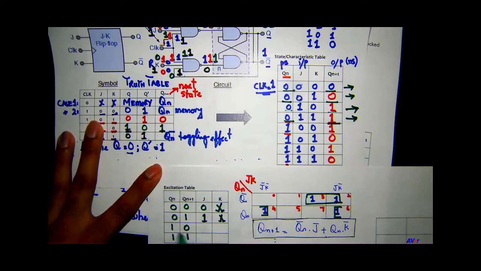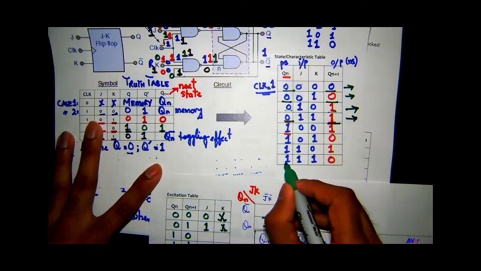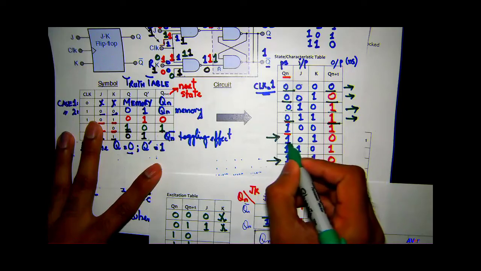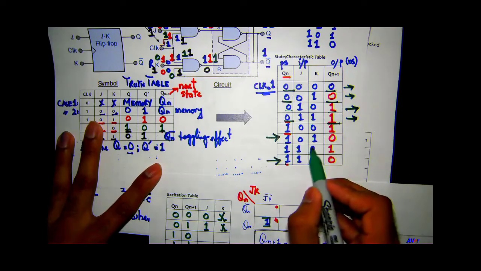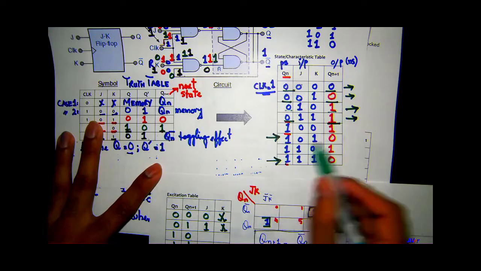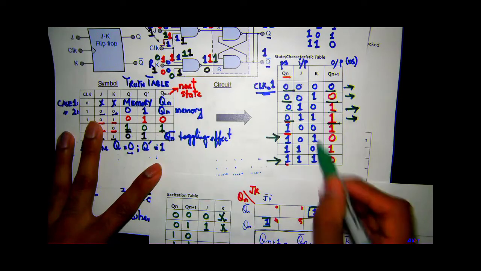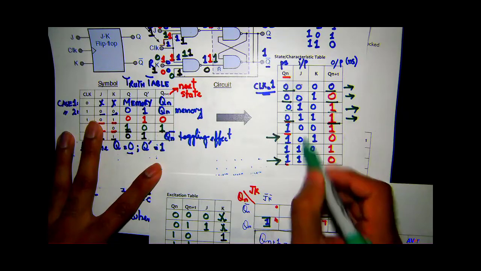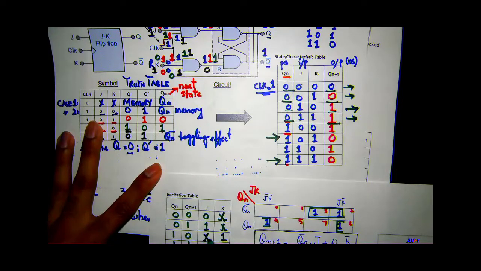Okay, moving on to 1 0. We have 1 0 here, and then we also have 1 0 here. So K is 1 in both cases. K is 1. J changes 0 and 1, so it has to be don't care.